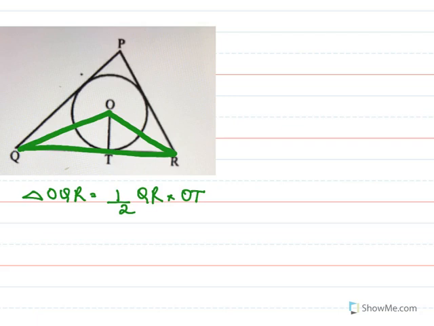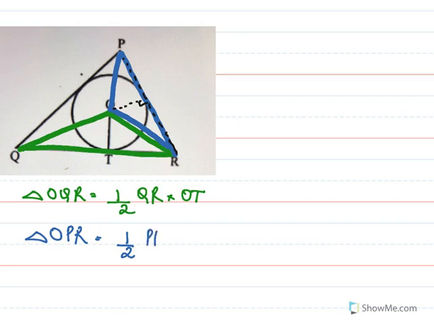Now for the next triangle, OPR, we have half base into height. In this case, PR is the base, and this is the height. So we write that out.